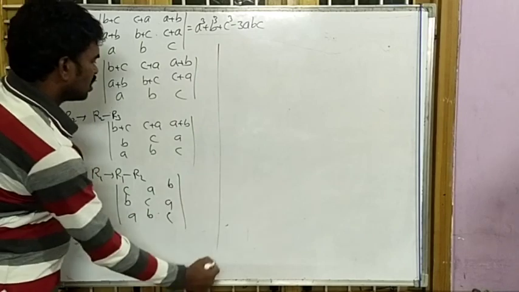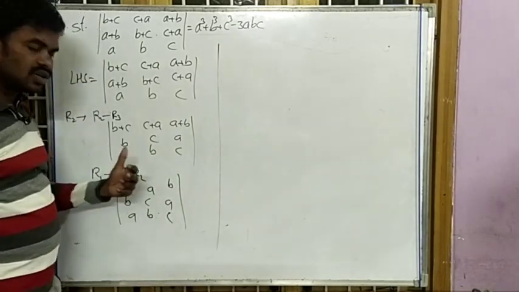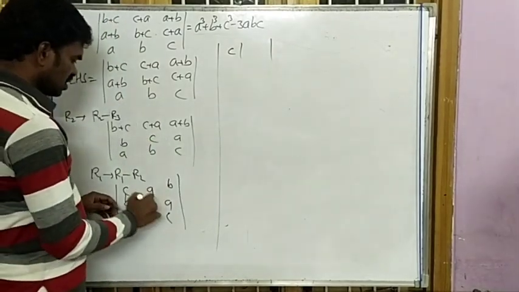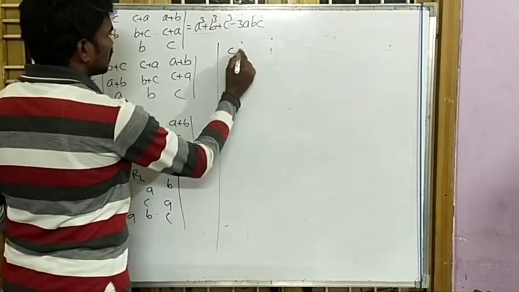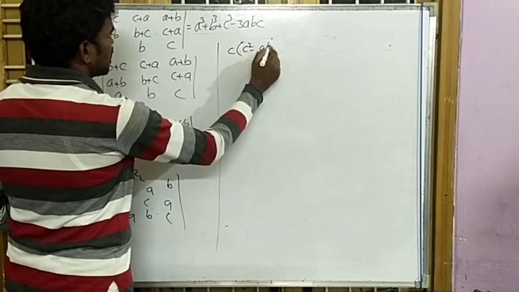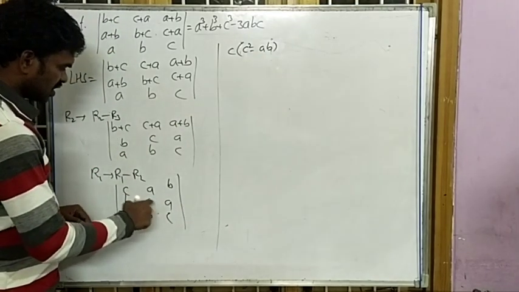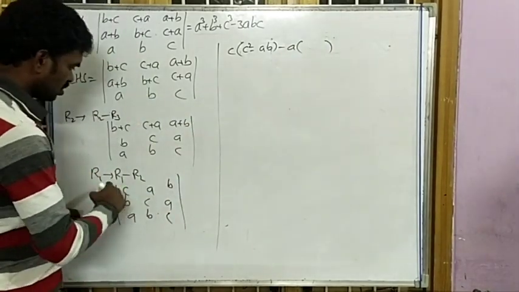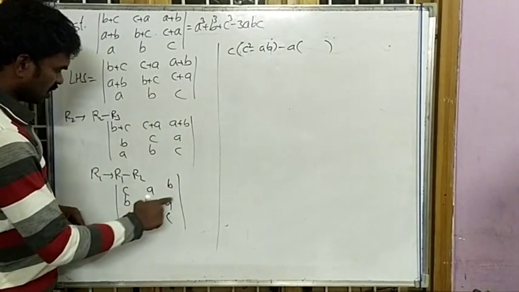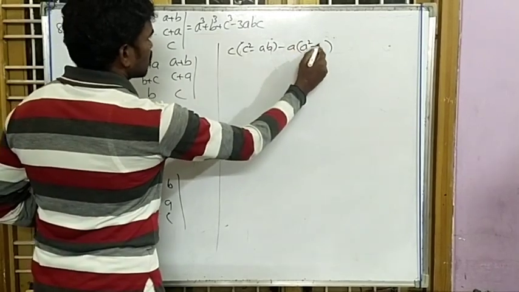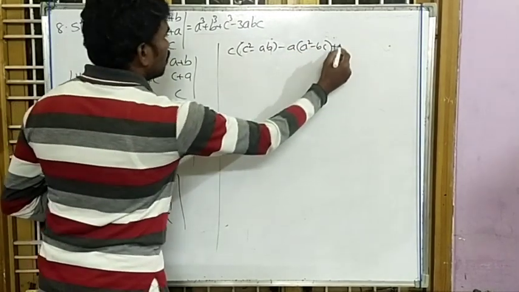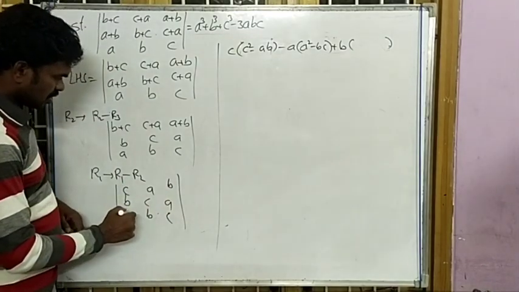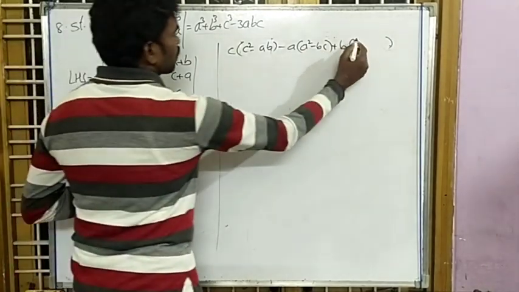Okay, however I am doing, if you understood, you just pause the video and find the determinant. So c into c square minus ba, that is c square minus ab. Next a into minus a into a square minus bc, plus b into b square minus ac.